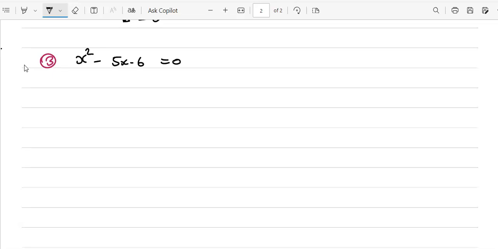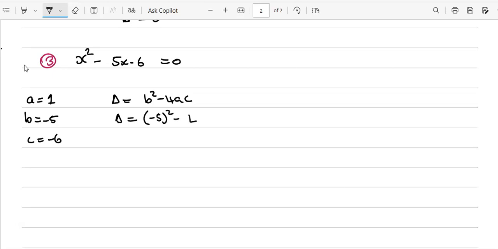So now remember, the first thing is to determine the value of a, the value of b, and the value of c. So delta is equal to b squared minus 4ac, and we just sub in our values. So we have b as minus 5 squared minus 4, the value of a is 1, and the value of c is minus 6.